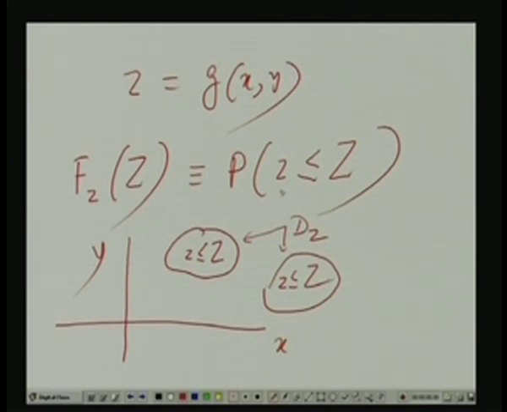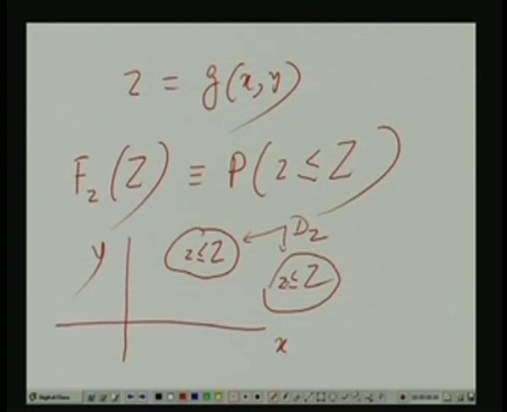So, obviously, the event that small z is less than or equal to capital Z is equivalent to the event that the x and y pair belongs to D_Z. Remember, I have collected all such regions in the xy plane for which the corresponding xy pair gives rise to a z satisfying z less than or equal to capital Z. So, the probability of z less than or equal to capital Z is the same as the probability of (x, y) belonging to D_Z.